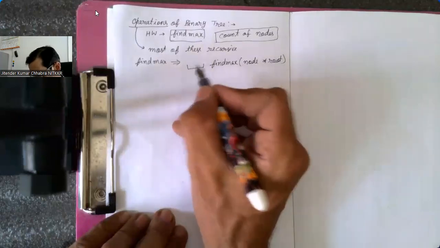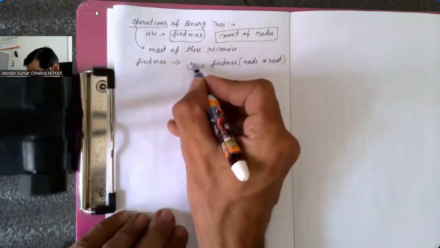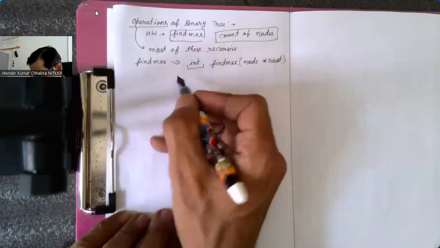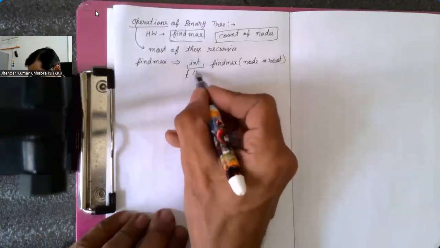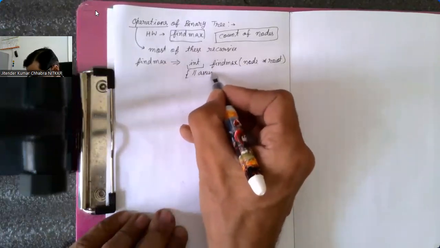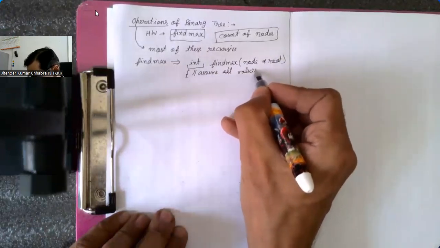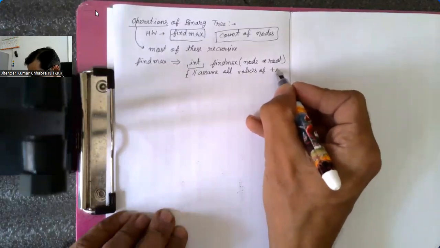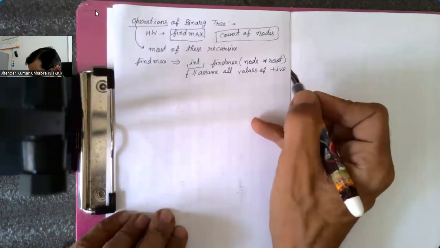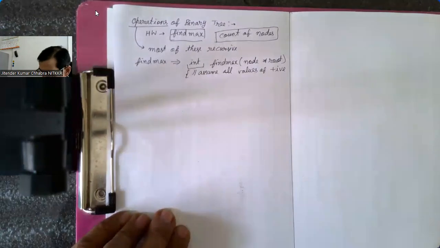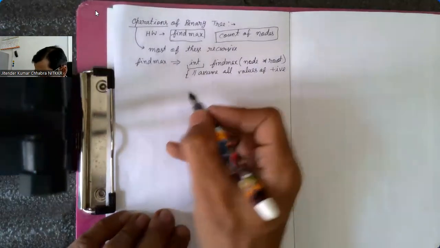It will return some int value, the maximum out of the tree. For the time being, I assume all values are positive. If they are negative also, accordingly we can revise that.